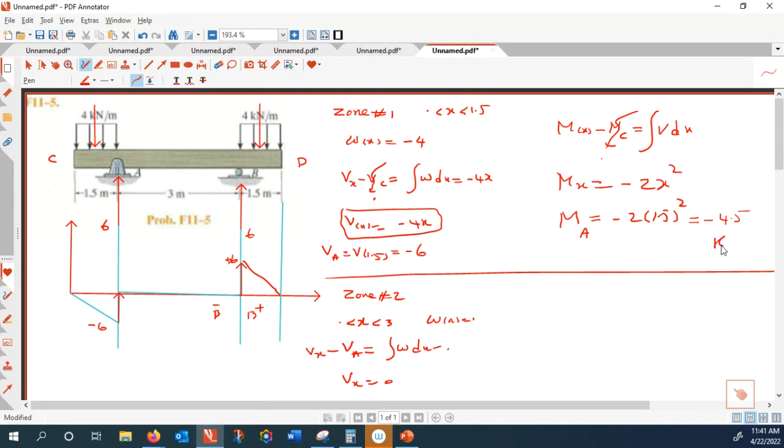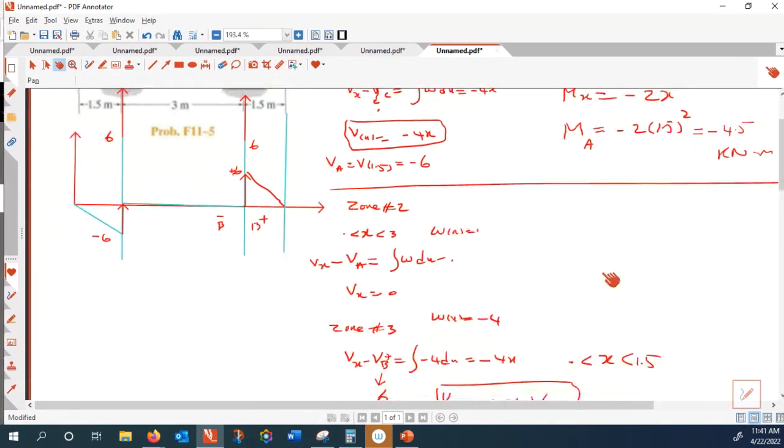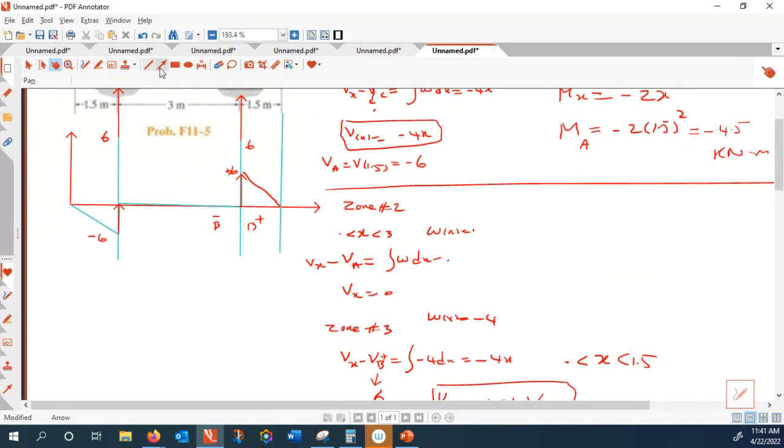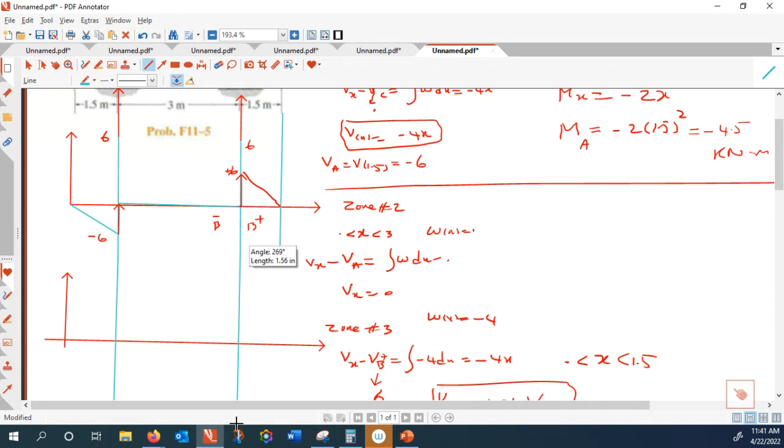And the unit is kilonewton meter. So let's plot M for the first zone. If I want to plot M for the first zone, that is a parabola. So this parabola starts from 0 and ends at minus 4.5.